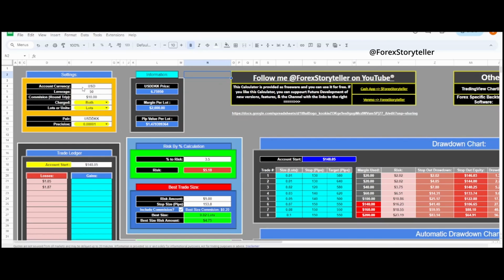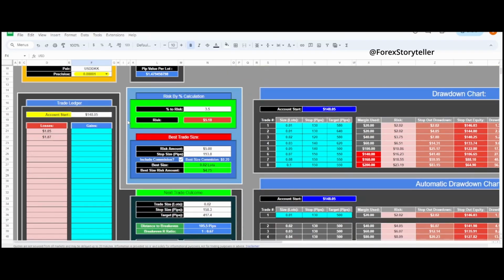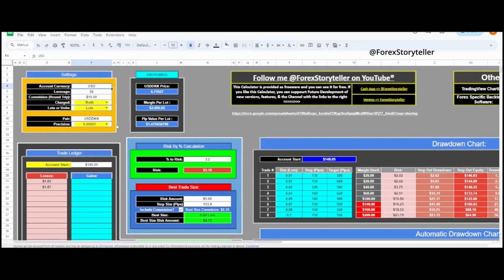With this one here, you just simply type in your account currency, your leverage, your commission, when it's charged, and how you want to trade, and then you just set up your pair, and then the rest goes from there. Now, I've already got one started for a current trade that I have in the market, but the first thing you'll notice after you start filling everything in is this little information box.